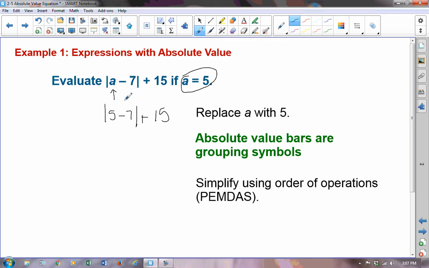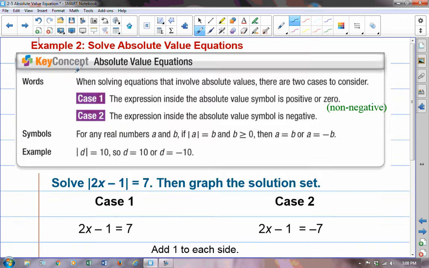So anything inside of the absolute value you do first. So 5 minus 7 is negative 2. And the absolute value is always positive, so the absolute value of negative 2 is positive 2. And so our final answer is 17, evaluating with absolute value.